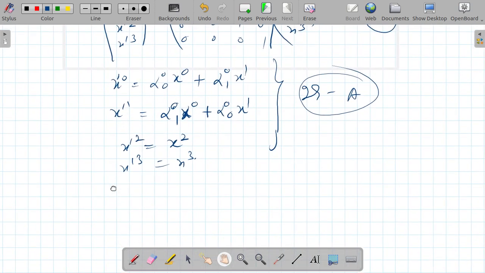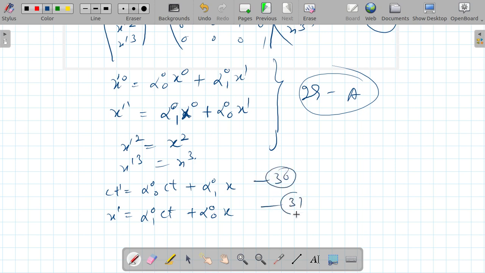And if I substitute their values, then this leads to ct prime is equal to alpha 0 0 ct plus alpha 0 1 x, and x prime is equal to alpha 0 1 ct plus alpha 0 0 x. This is equation number 30 and this is equation number 31. These two equations can be written in this form.